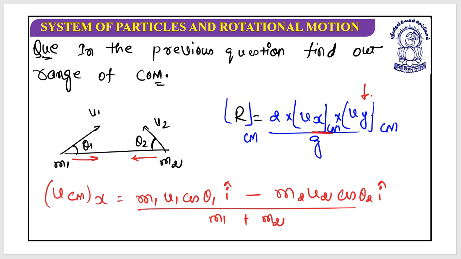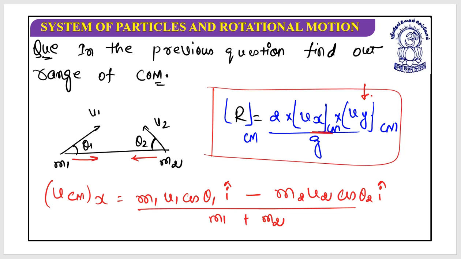Yes, you need to perform this: m1 u1 cos theta 1 I cap minus m2 u2 cos theta 2 I cap, divided by m1 plus m2. Once you do this, put in the value and get it done. Yes, I know this is a typical question, and it requires a longer amount of calculation, but is it clear according to the approach used in it? Yes. Does it have a positive impact on you?